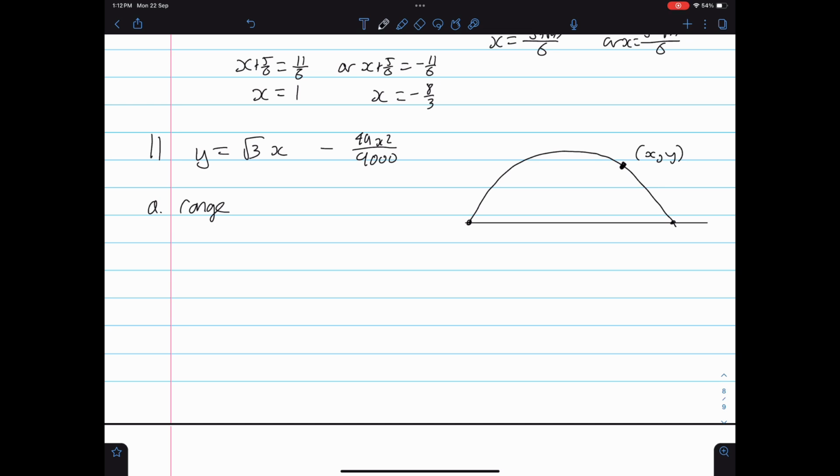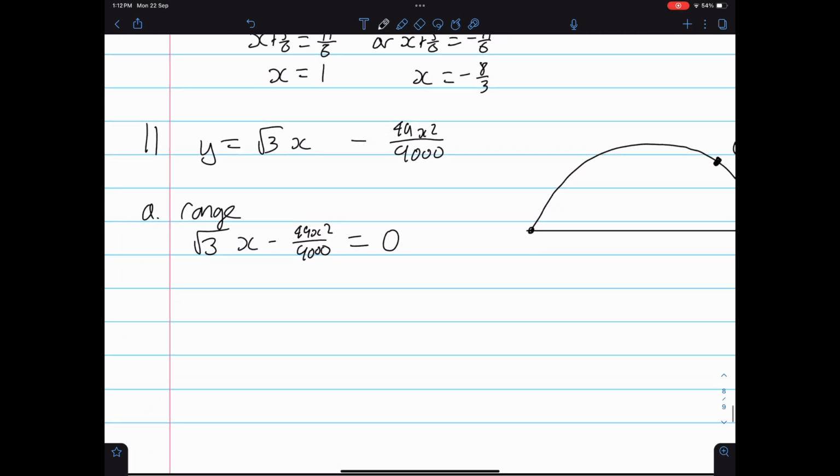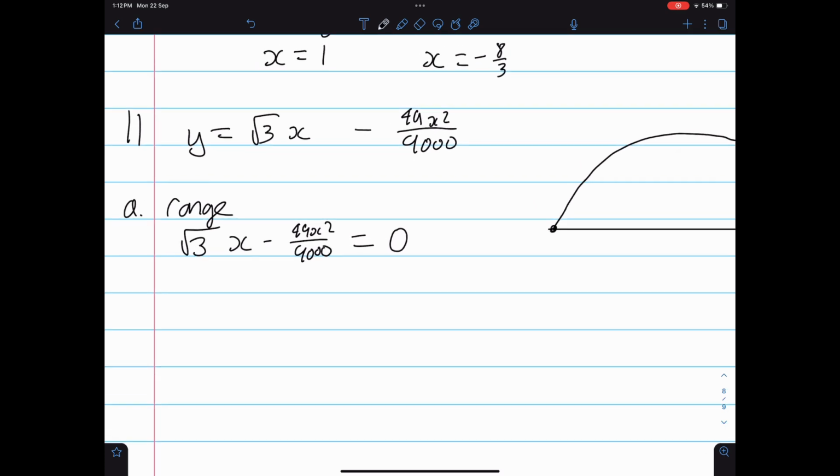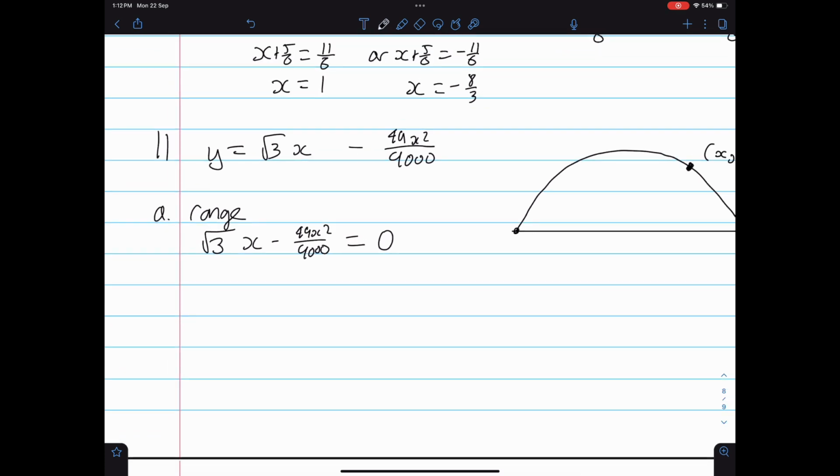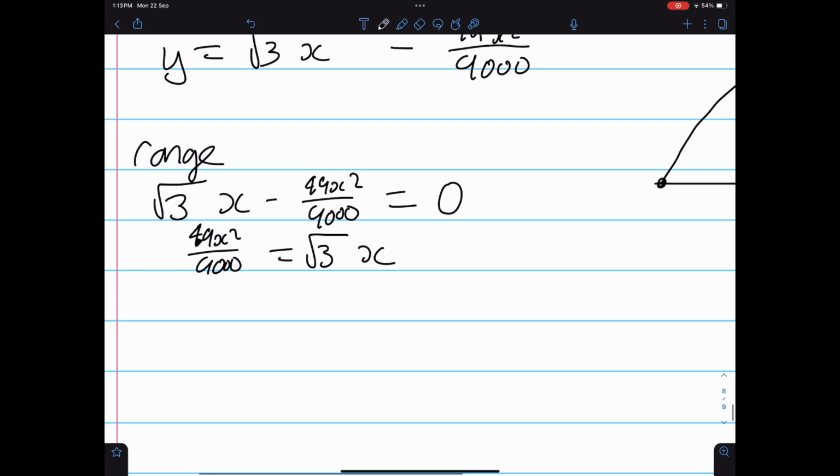So if root 3 x minus 49x squared over 9,000 is equal to 0, if we try to separate this stuff out, we get 49x squared over 9,000 on one side, being equal to root 3 x on the other.